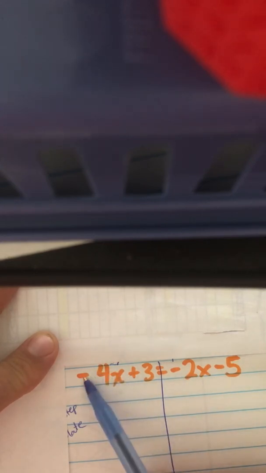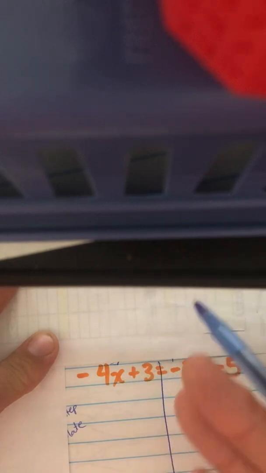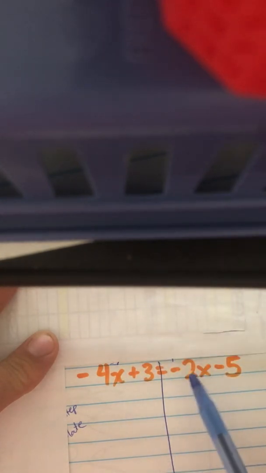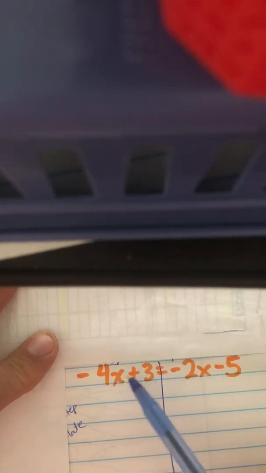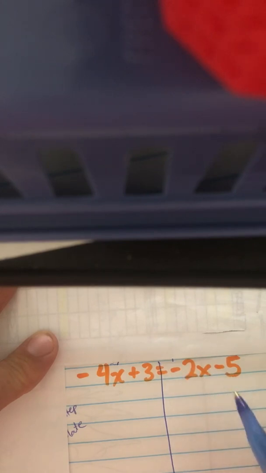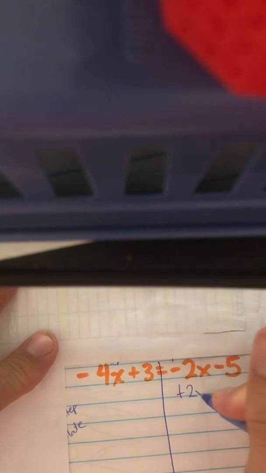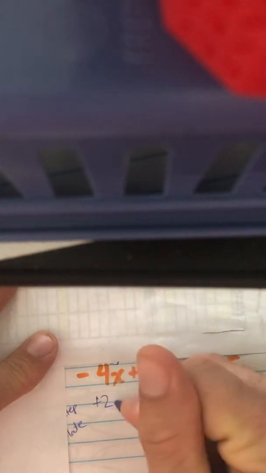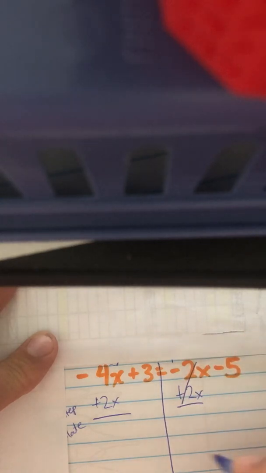This is the one I want to do, but let's say I forgot, or let's say I thought minus 2x is smaller because 2 is smaller than 4, but I forgot that I'm dealing with negative numbers. So I want to cancel off minus 2x now, and it will still work. So we're going to add 2x to both sides, cancel.